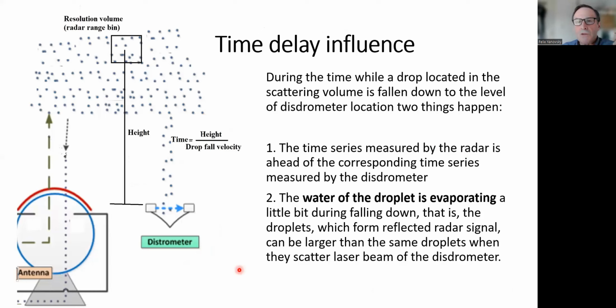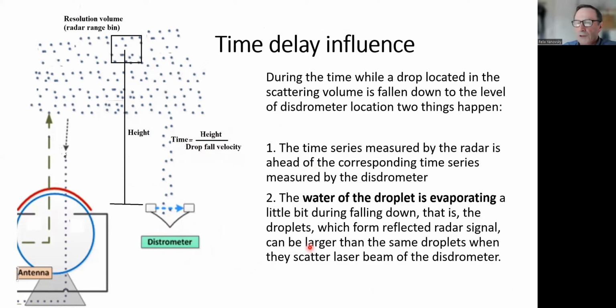Next, what we should take into account is the time delay influence, and this influence can be taken into account in two ways. The first: the time series measured by radar is ahead of the corresponding time series measured by the disdrometer because of the difference in time, height divided by terminal drop velocity.